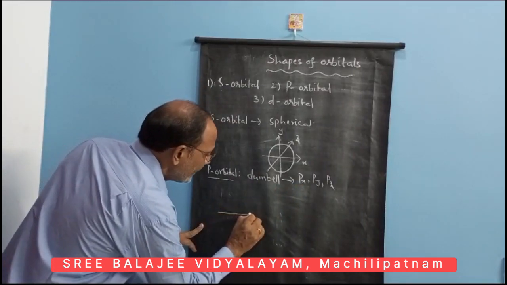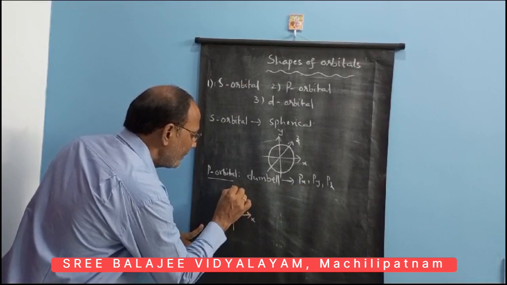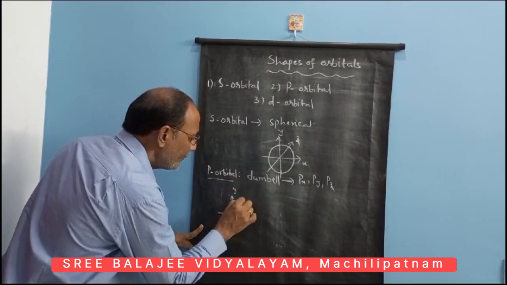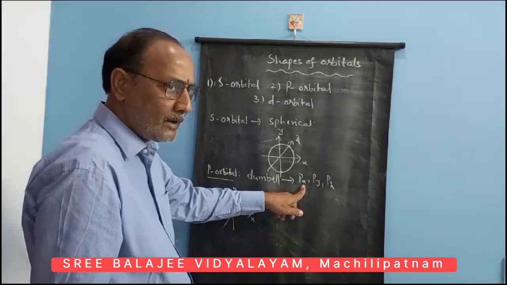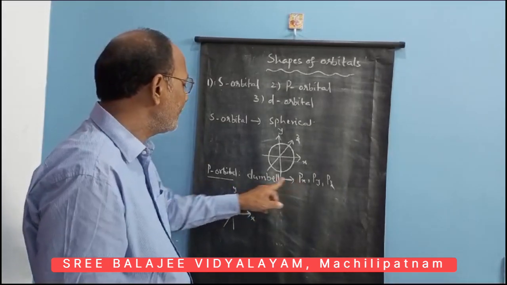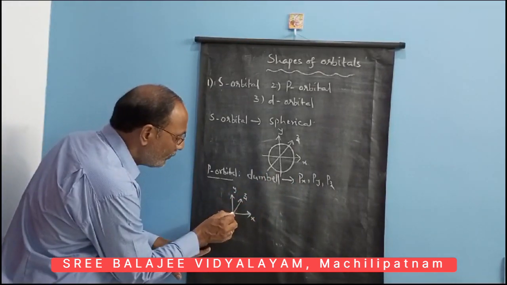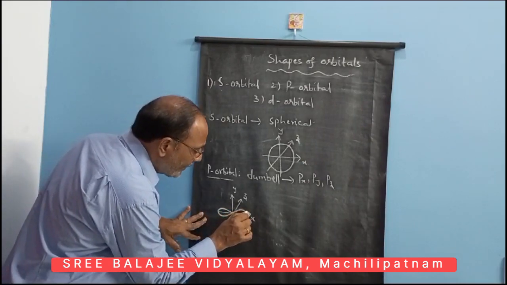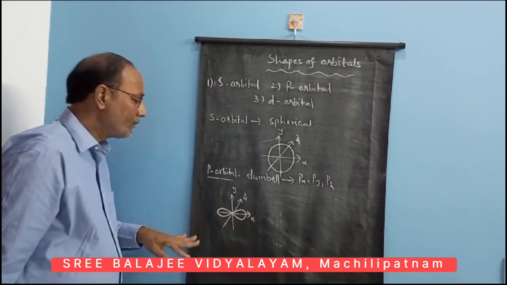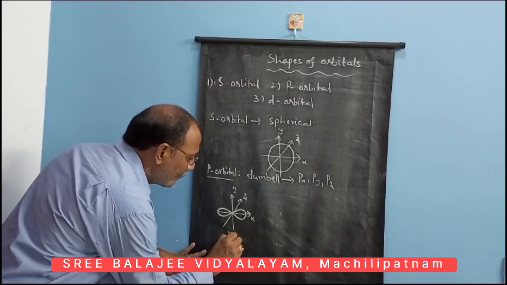Take the x-axis, the y-axis and the z-axis. The dumbbell should be along the x-axis only, so draw the dumbbell along the x-axis like this. This is called the px orbital.